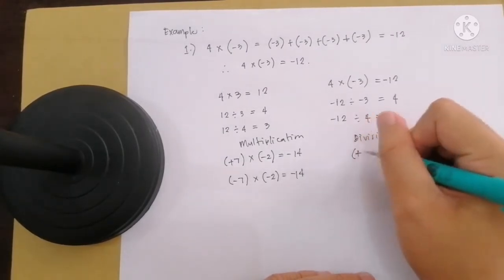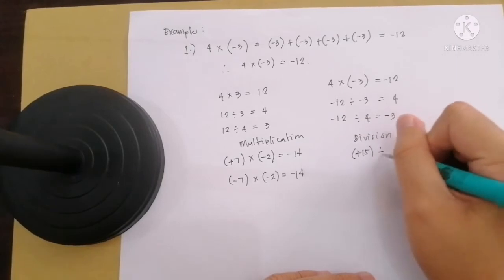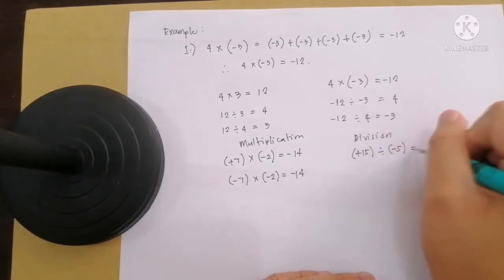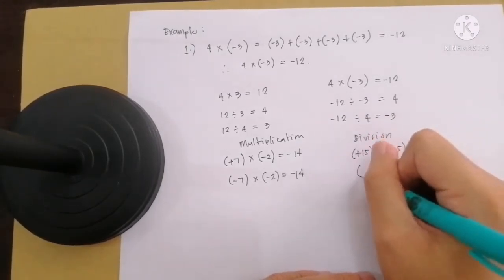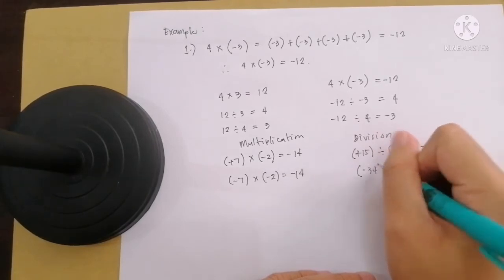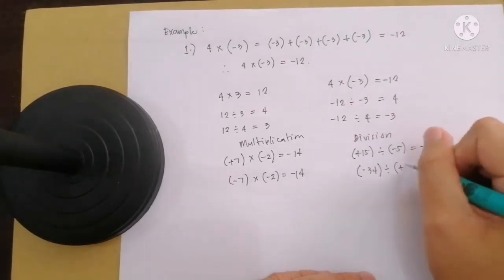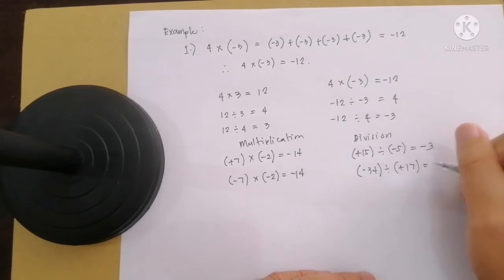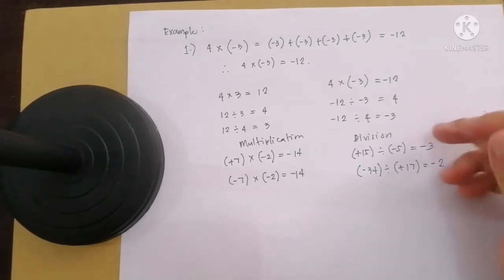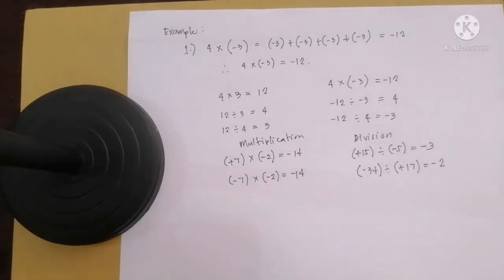We have here positive 15 divided by negative 5 is equal to negative 3, and negative 34 divided by positive 17 is equal to negative 2. So we can see that the product of two integers with unlike signs is negative, and the quotient of two integers with unlike signs is negative.